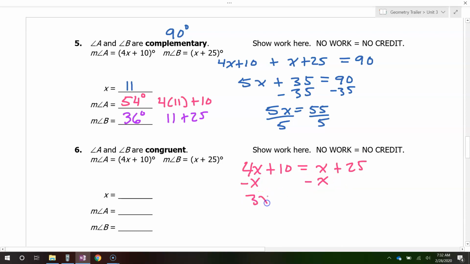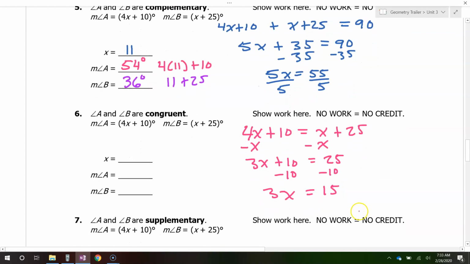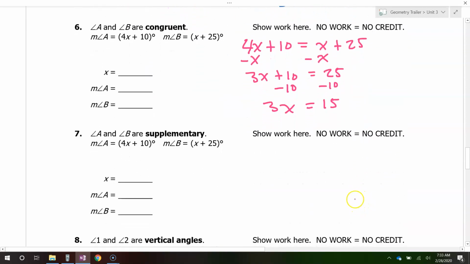That'll give me 3x plus 10 is equal to 25. And then I subtract 10 from both sides. So that'll give me 3x is equal to 15. And if I divide both sides by 3, that gives me x equals 5.